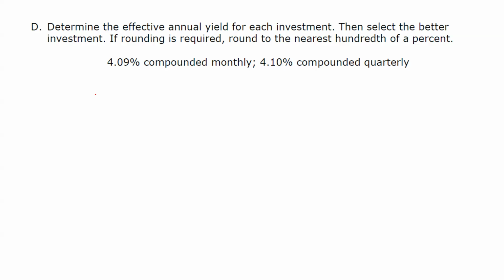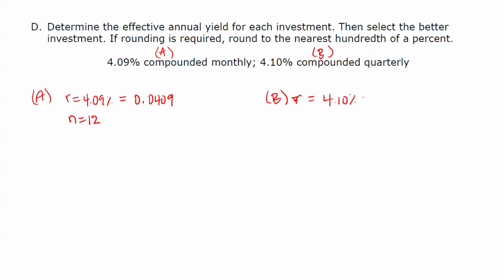In our first one, we'll call this A and this B. For A, we have a rate of 4.09%, which is 0.0409, and we're compounded monthly, so n equals 12. For B, we have a rate of 4.1%, which is 0.041, and we're compounded quarterly, which is 4.